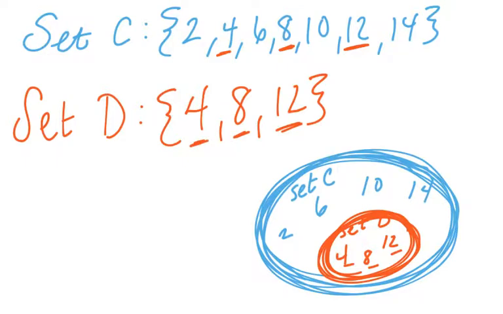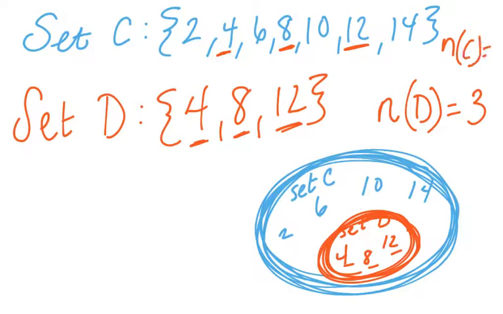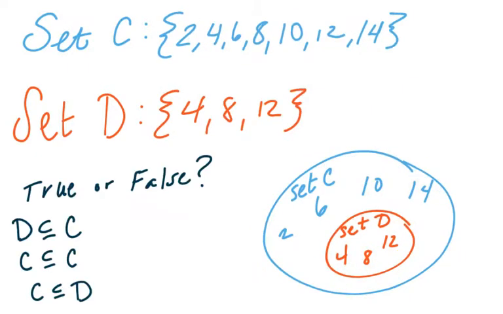We would say that the cardinality, just a little reminder, the cardinal number of set D would be 3, and the cardinal number of set C is 1, 2, 3, 4, 5, 6, 7. So let's answer some true or false questions.